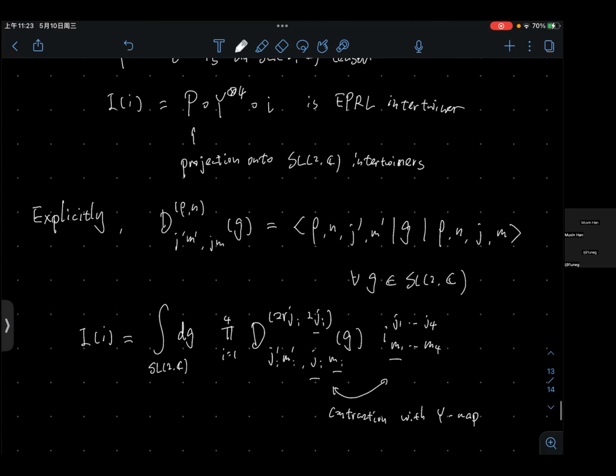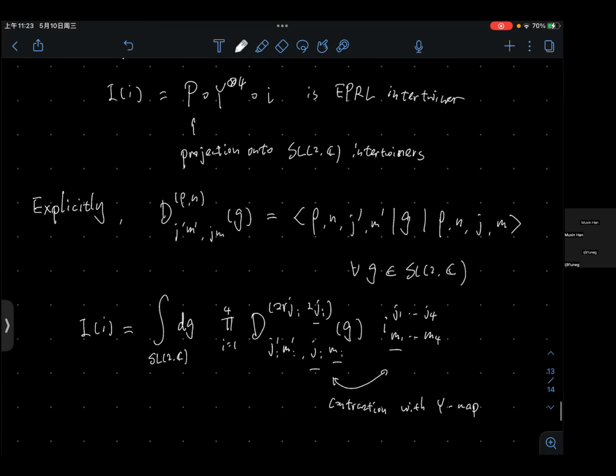So firstly you have the Y map, which embeds the SU2 tensor into SL2C, and then you contract with a Wigner D matrix, meaning you have the group acting on this tensor, and then you integrate over SL2C. This gives you a projection operator onto SL2C intertwiners.